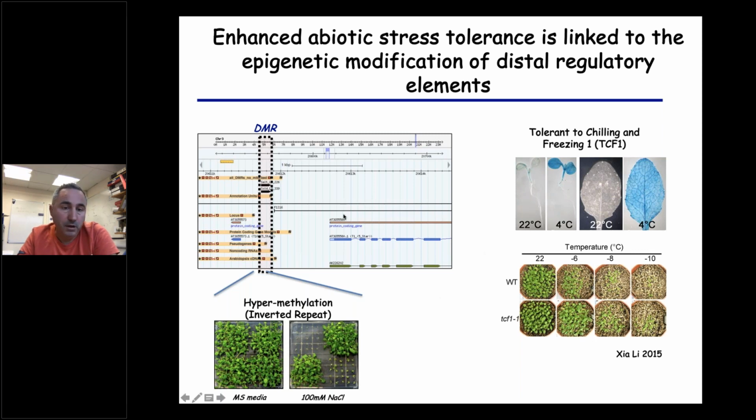And the gene that is regulated by this region is TCF1. TCF1 is tolerant to chilling and freezing 1, which was characterized by CLE's lab a few years ago. It's strongly induced by cold, and loss of function mutants in this gene cause an effect on responses to freezing.